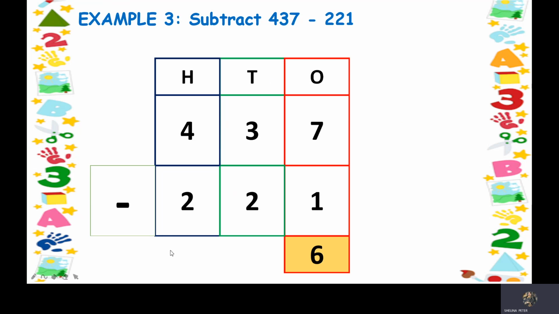Let's go to tens column now. So here smaller number is 2, bigger number is 3. So what will you get if you count from 2 till 3? You will get 1. Now come to the hundreds column. Smaller number is 2 and bigger number is 4.